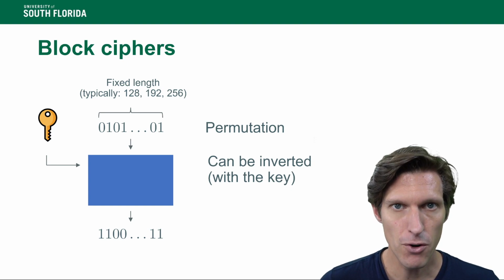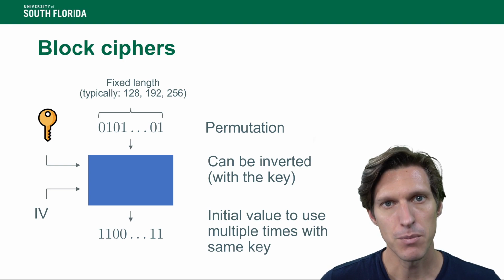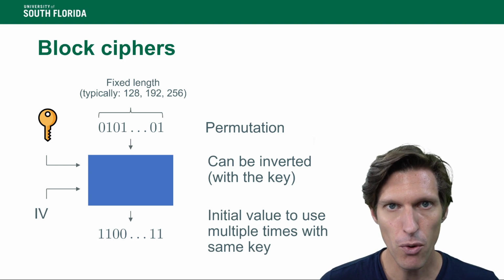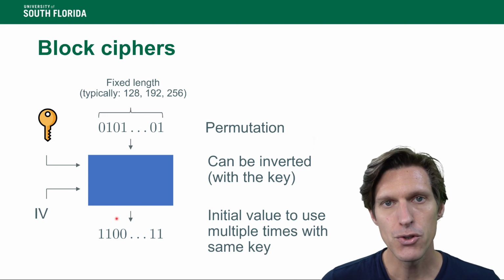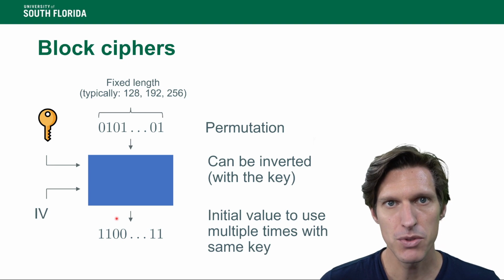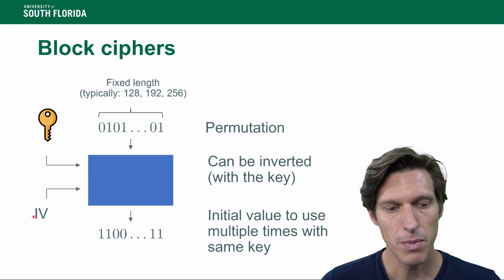So it can be inverted, of course, with the key. To mitigate what I was just mentioning, which is that the inputs and outputs are in one-to-one correspondence, when using it multiple times with the same key, most designs have the possibility of using what's called an initial value, so an IV.